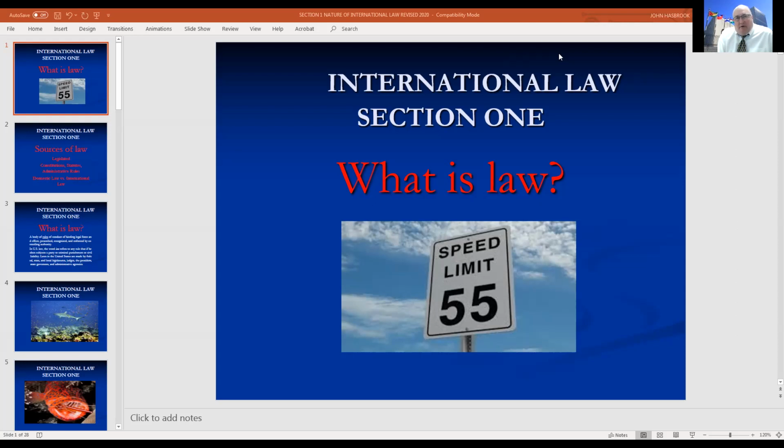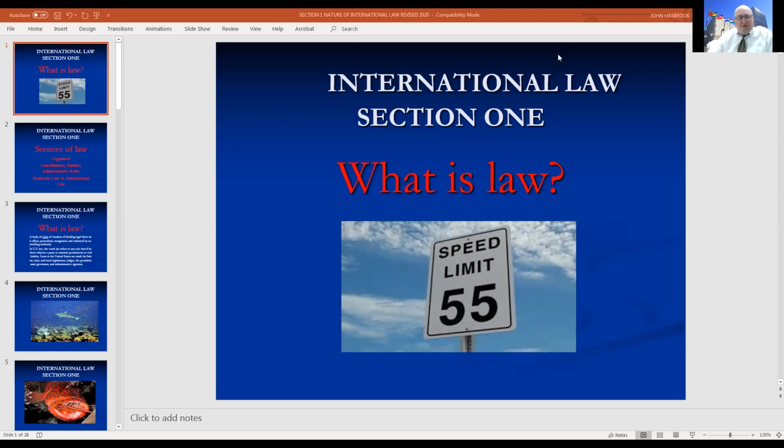And generally speaking, if you violate the rule, there is some enforcement mechanism, such as the police officer pulling you over for a speeding ticket, and then going to court if you want to fight the ticket, and then ultimately a judge would issue a penalty, such as a fine, or if it was criminal, jail time, or some other penalty for violating the law. So that's the standard paradigm that we think about when we think of what we mean by law just in general.